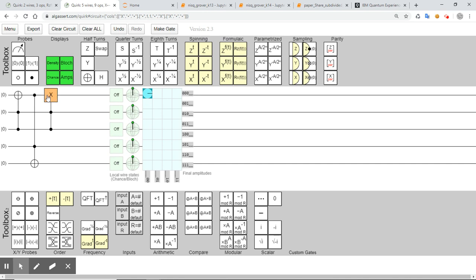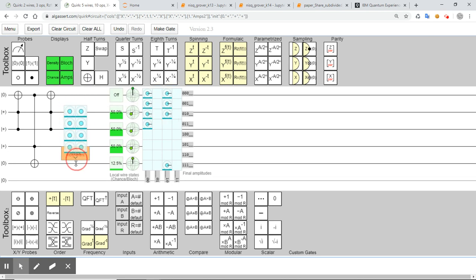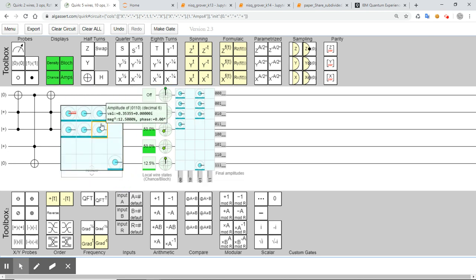So the idea is this is an ancillary qubit, and so these are our actual three inputs. So if we put these, and this is the target, right? If you put this in superposition and just take a look at these, and we ignore the ancilla qubit, our target qubit in here is the leftmost.